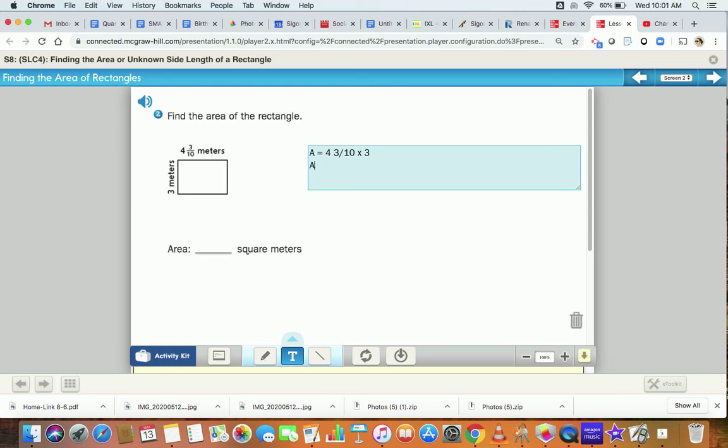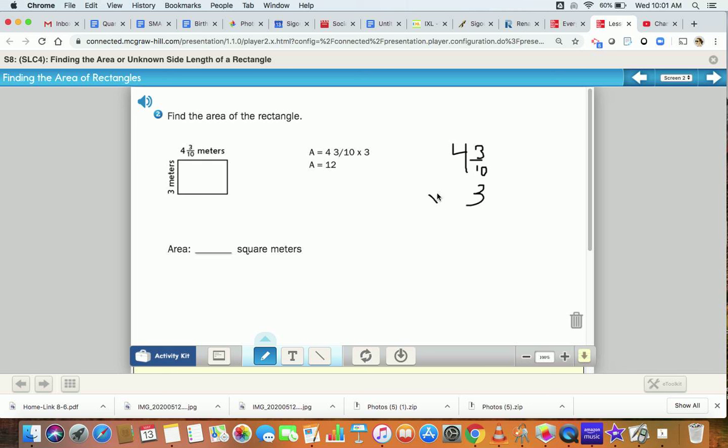So I take my whole number, 4, times my 3, which would be 12, and then my whole number times my 3/10. Remember, it's just like if we were doing partial products multiplication. 4 3/10 times 3.